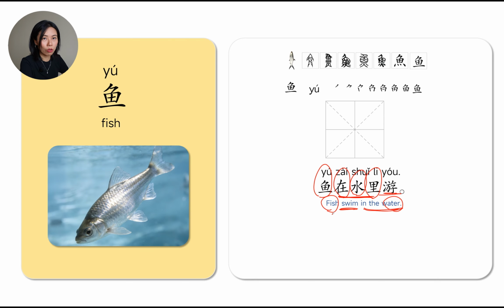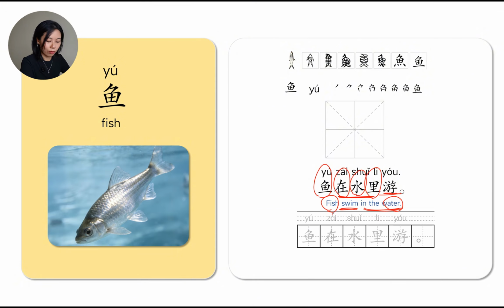Alright, so 游 and 游泳 both mean swim. So the whole sentence, 鱼在水里游, fish in the water swim.